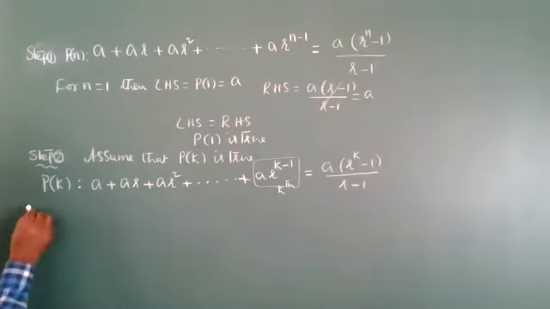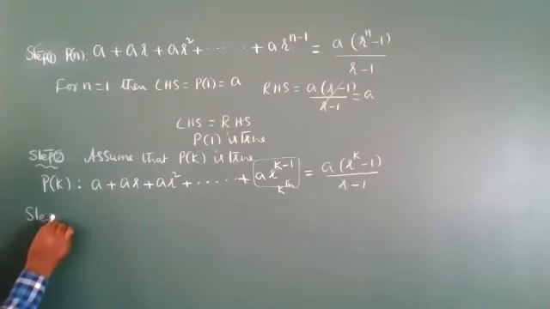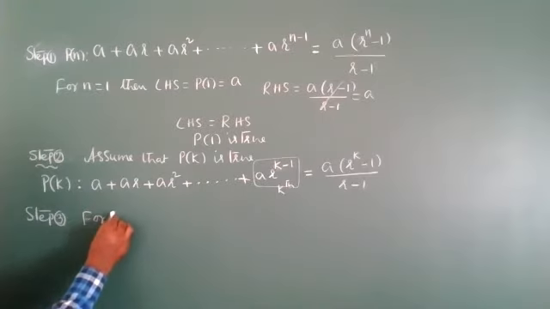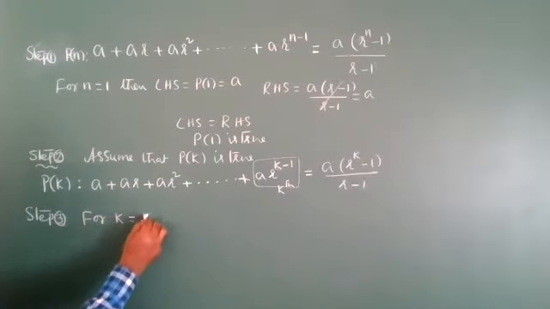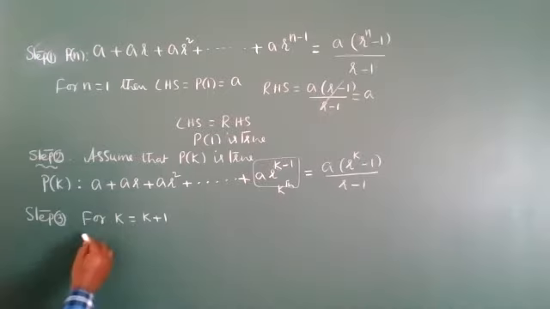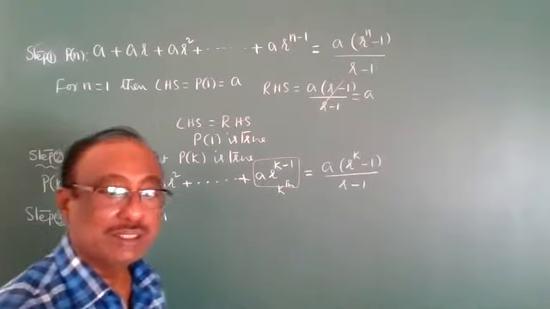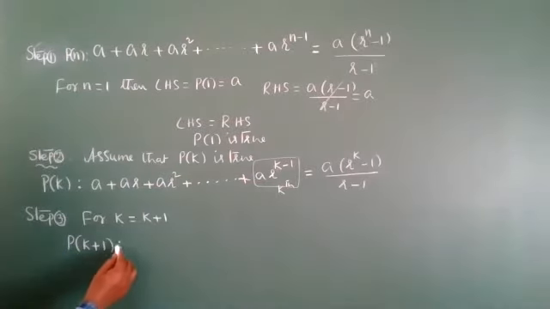So step 3, write down, everyone. Step 3 is for k is equal to k plus 1. Principle of k plus 1 numbers such that, okay, now what are the k plus 1 numbers?